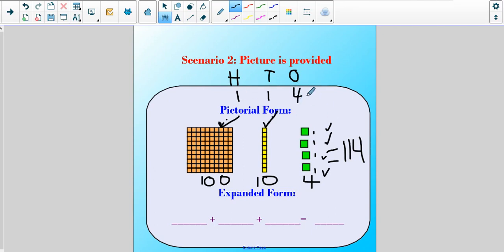As you can see, both numbers match with each other. The expanded form for 114 is 100 plus 10 plus 4 equal to 114.